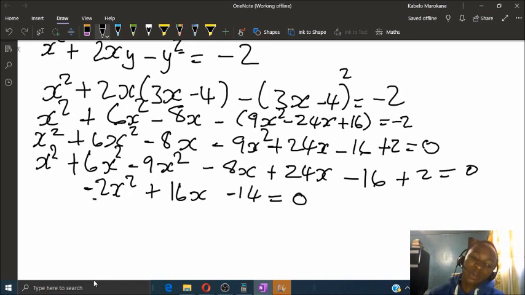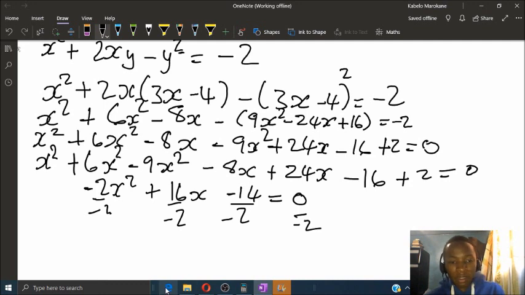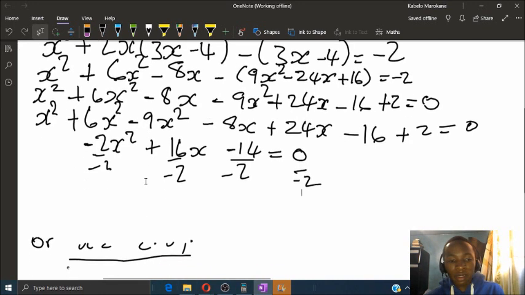So what we do now is to multiply everything by minus 2. You don't have to show it here. You can just multiply it in your head, and then the examiners will see.